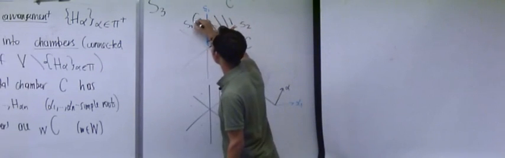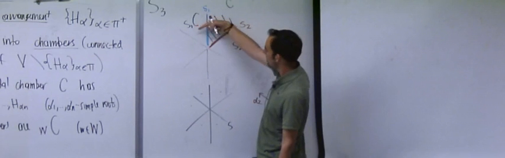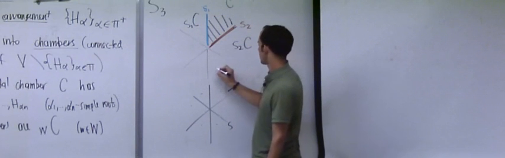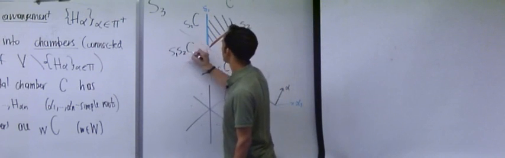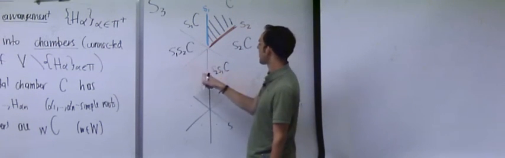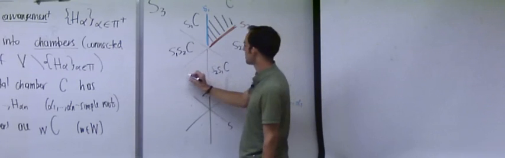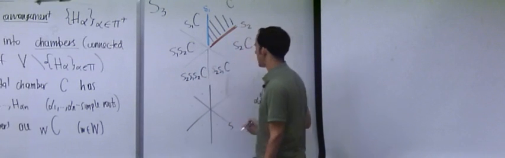If you let S1 act on it, then you get S1 times the fundamental chamber. If you let S2 act on this one, then it's going to land you over here: S2, S1, C. If you let S1 act on this one, you're going to get S1, S2, C. And finally, if you let S2 act on this, or S1 act on this, you're going to get S2, S1, S2, C.